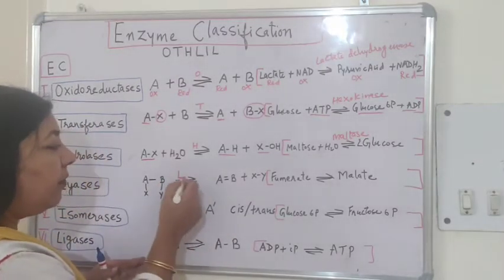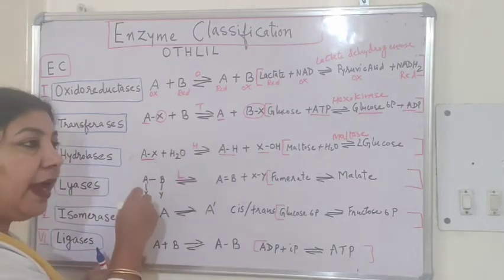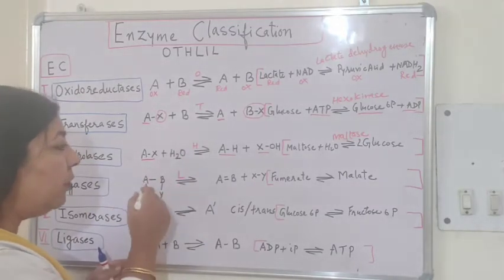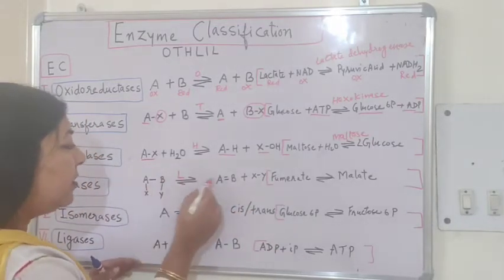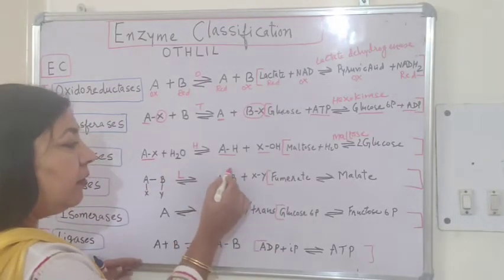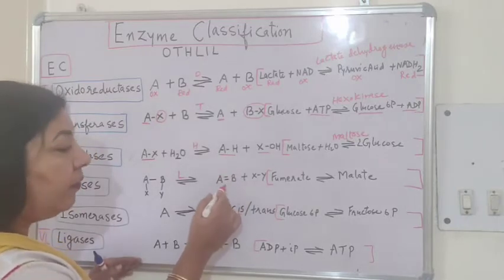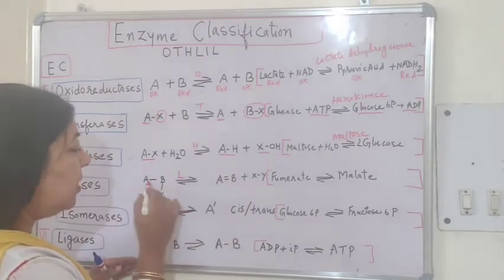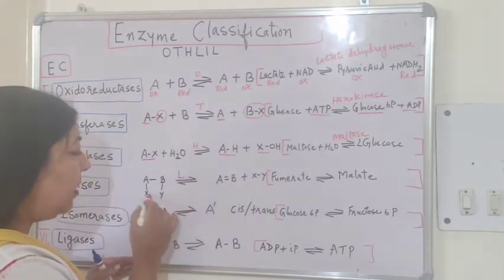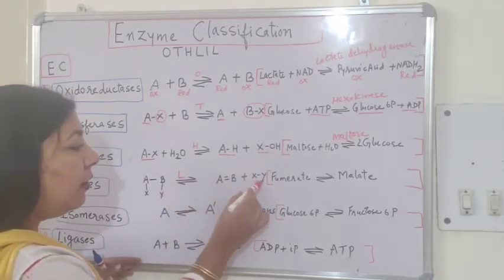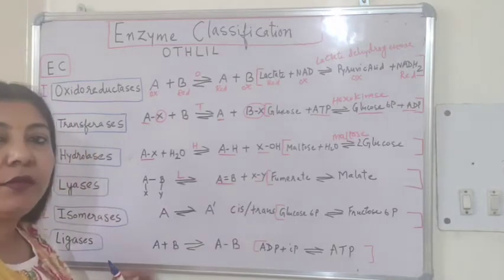When this enzyme, lyase, acts on this big molecule, it will break the molecule into 2 parts. As a result, this A and B will share the bonds. So this single bond has converted to a double bond and these two will form the bond.